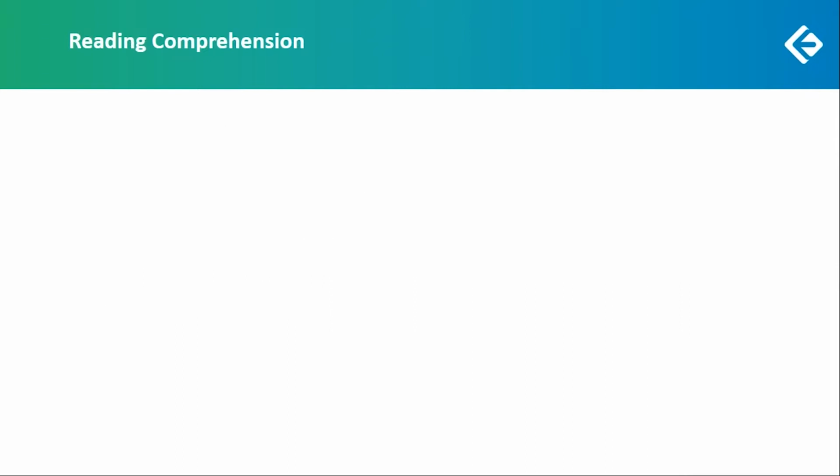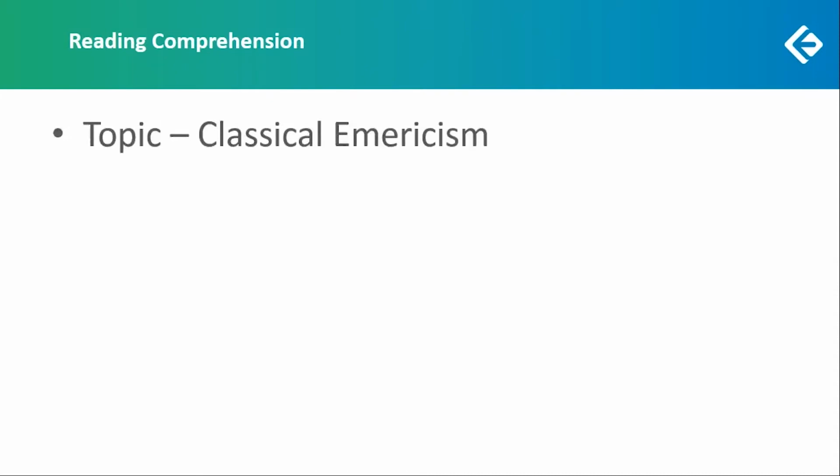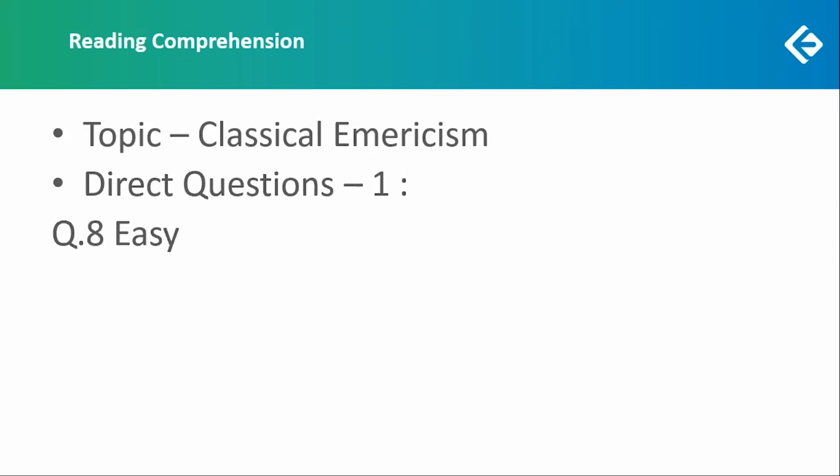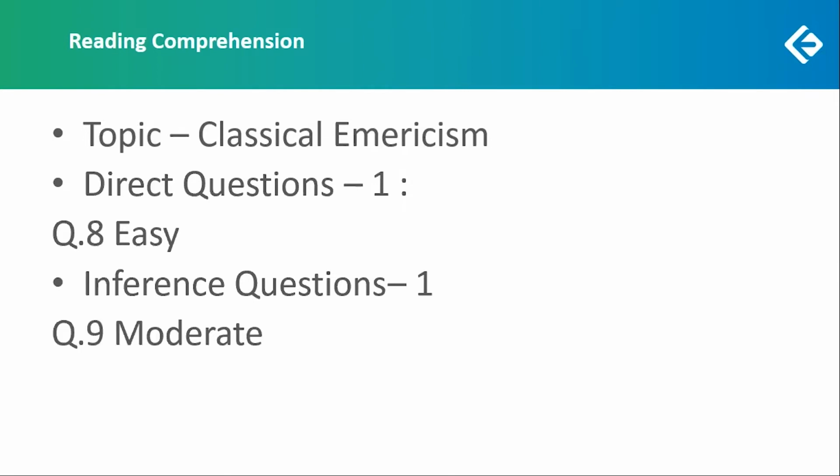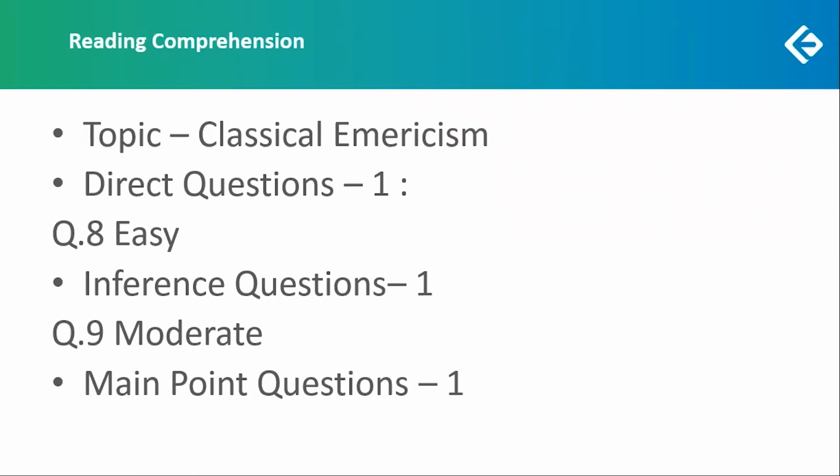Moving to the next passage, we have a classical empiricism based passage. Here we had 3 questions: 1 direct question, which was easy, question 8; 1 inference based question, which is question 9, which is moderate; and 1 main point based question, which was difficult.